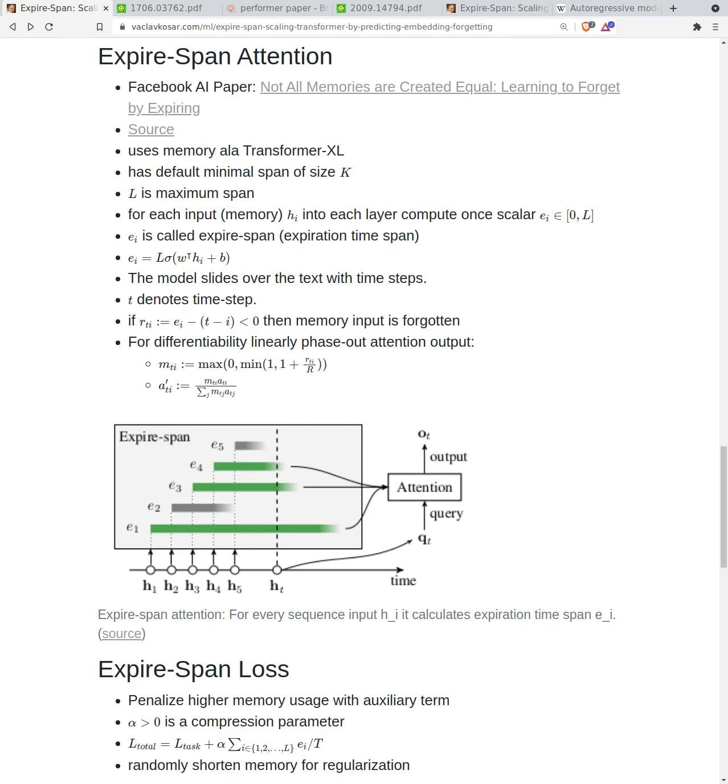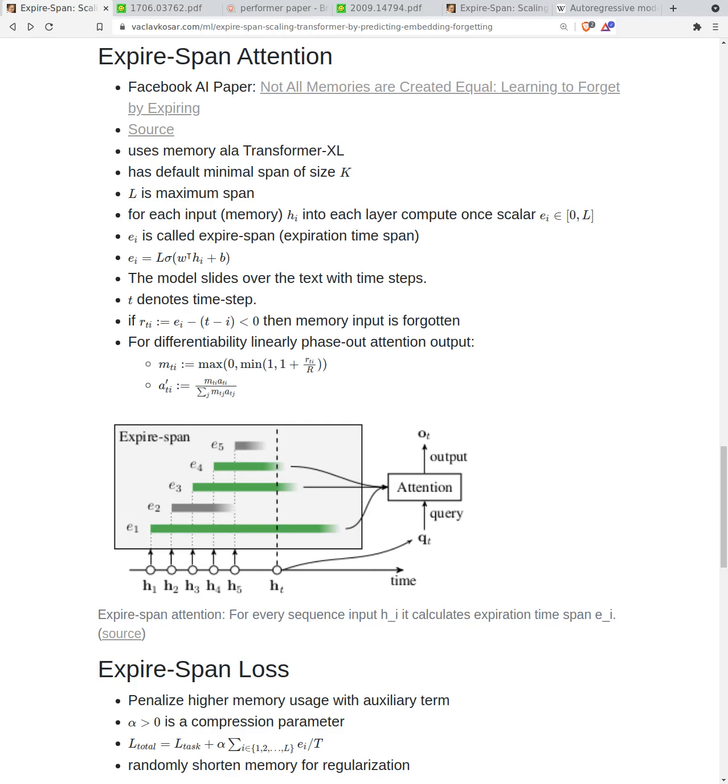And it does this extra trick: it has an additional function that predicts, when I am calculating a new token, in each new step, how long I would like to keep the memory of this token in my RAM, or GPU memory.